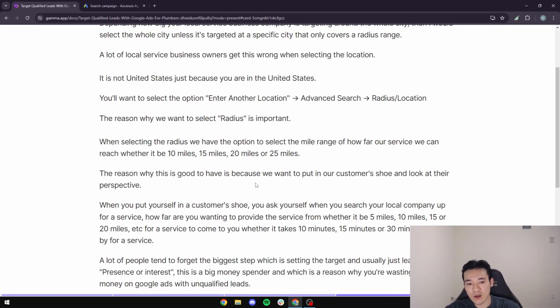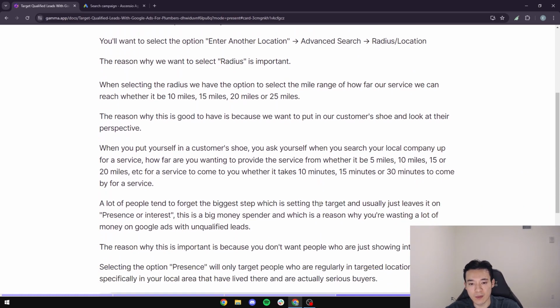But by selecting the radius, we have the option to select the mile range of how far our services can reach, whether we want to reach 10 miles, 15, 20, or even 25 miles, right? The reason why this is good is because we want to put ourselves in our customers' shoes and look at their perspective, right?